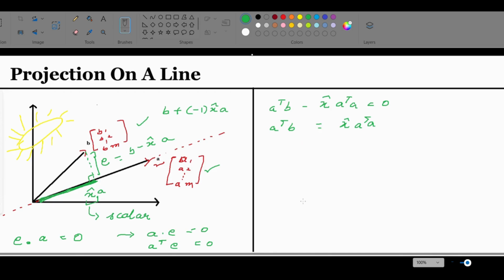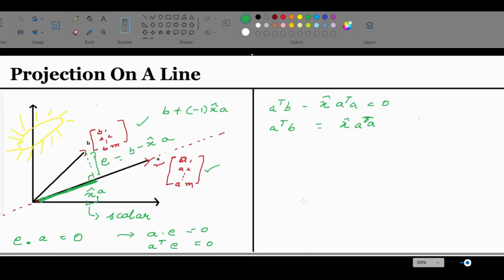We already had the direction, which was the vector A, and all we need now is the magnitude of this shadow. So we were at A transpose B is equal to x cap A transpose A. Before we proceed to the next step, a small thing about these column vectors.